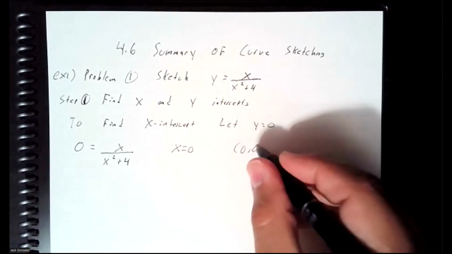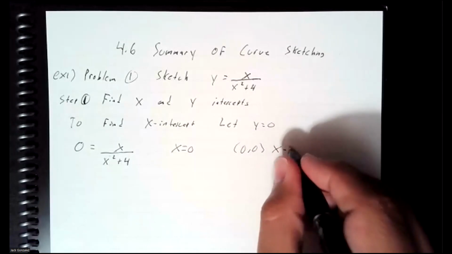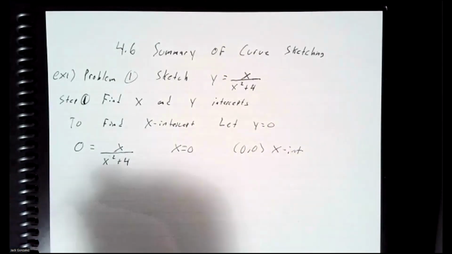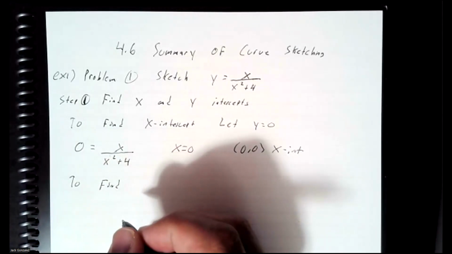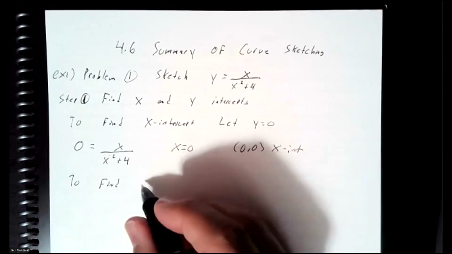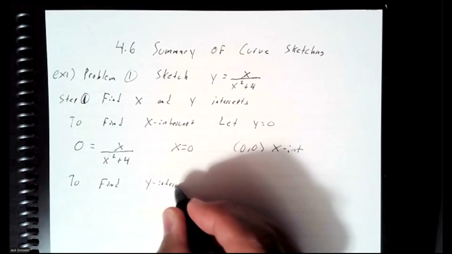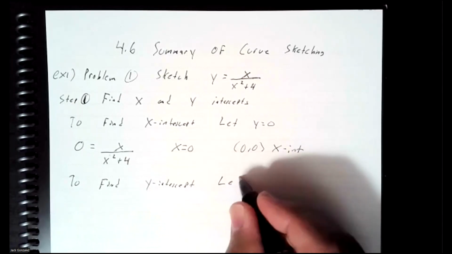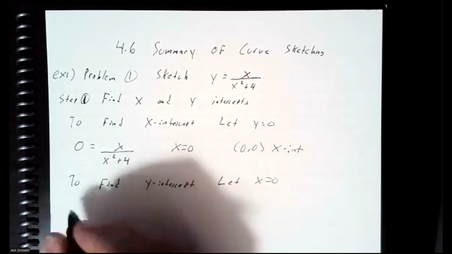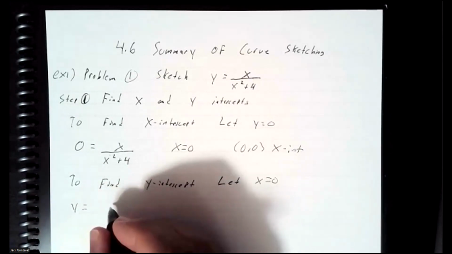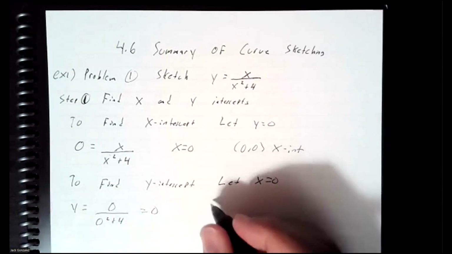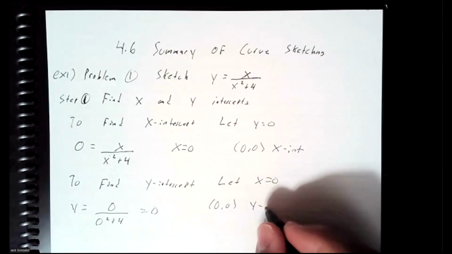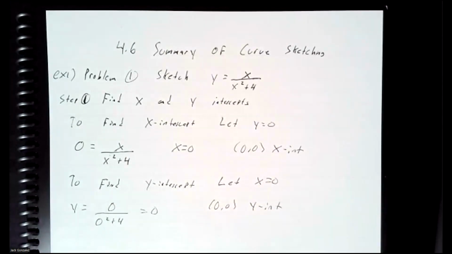So we have the intercept at (0, 0). To find the y-intercept, let x equal 0. So now we have y equal to 0 over 0 plus 4, which is still 0. Turns out they're the same in this particular case.